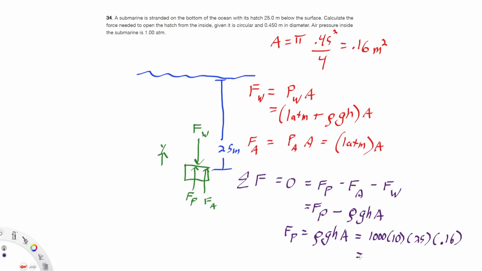So we're looking at 40,000 newtons of force. That is not an amount of force that a human body can provide. So this poor sailor is not going to open the hatch.